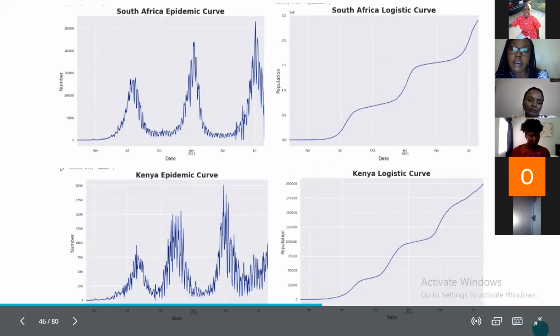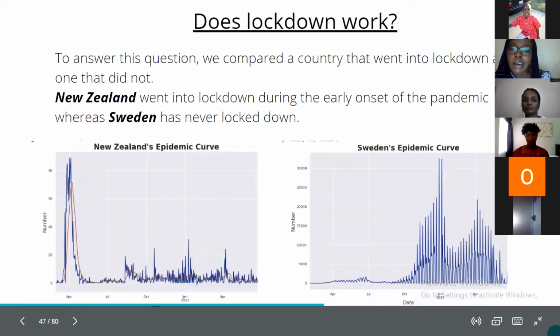Even yesterday, we remember on the news, hospitals are now full because of the rise in cases. This logistic curve has never been flat. It's just rising and rising. So something needs to be done. One of the things I've mentioned is lockdown, and we wanted to see, does this lockdown really work? As I mentioned, we noticed the cases in Kenya.